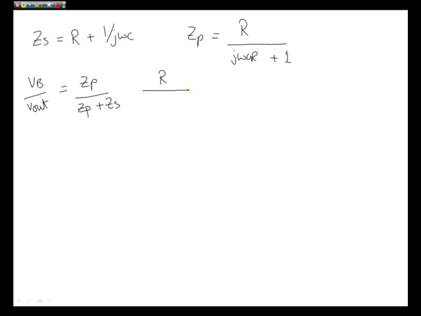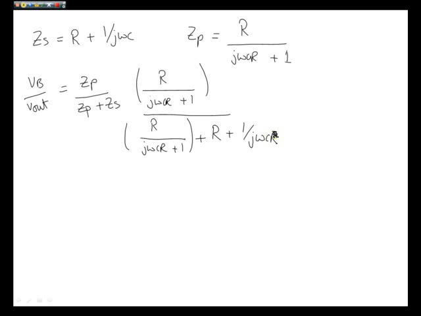So let's start. R over j omega CR plus 1, all divided by R over j omega CR plus 1. There's my ZP term. Now I'm adding in ZS.